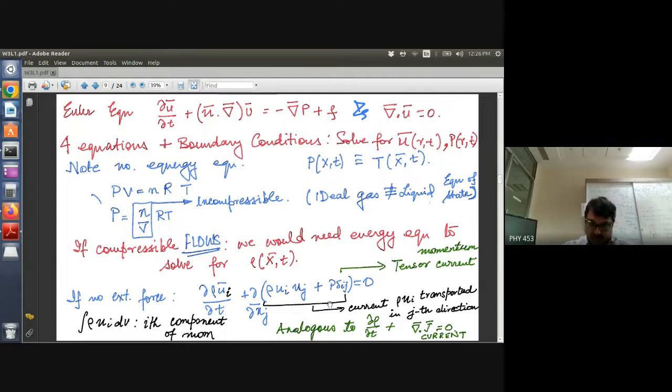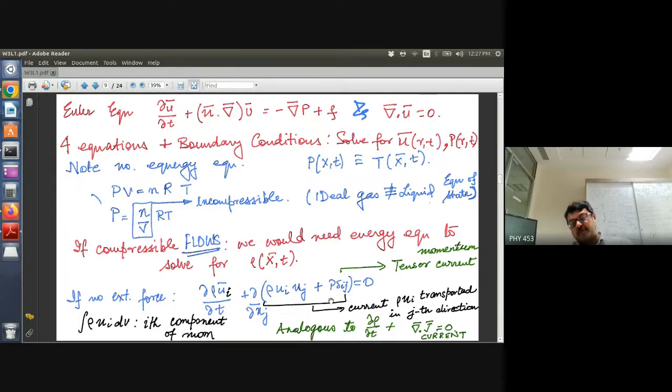The other thing I would like to comment on here is, suppose you had no external force and no gradient in pressure. Then you could write the Euler equation as the rate of change of rho u, which is the momentum, and the divergence of a current, where now you have a momentum current.